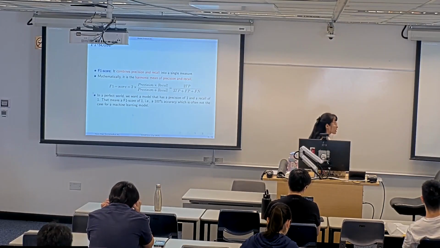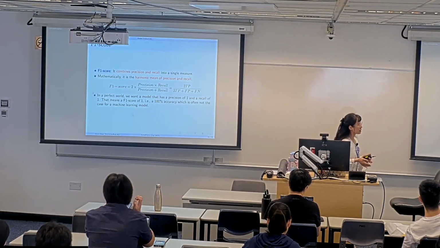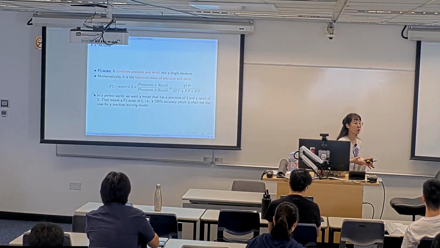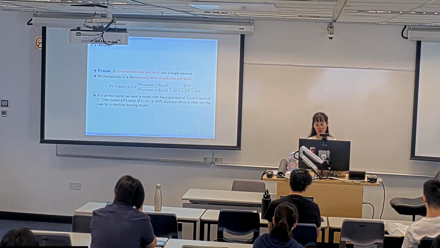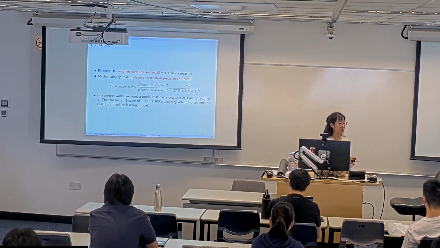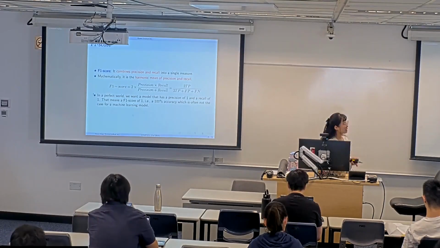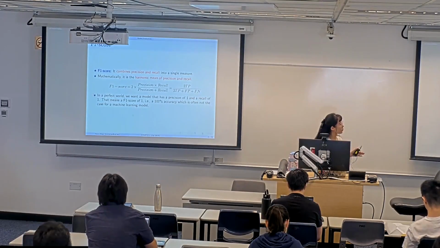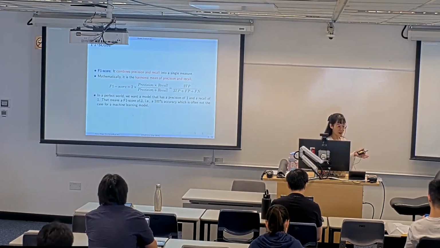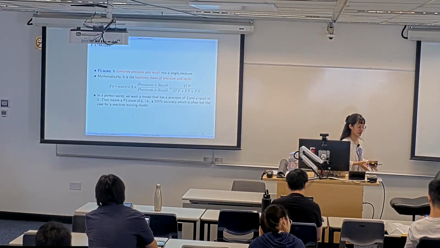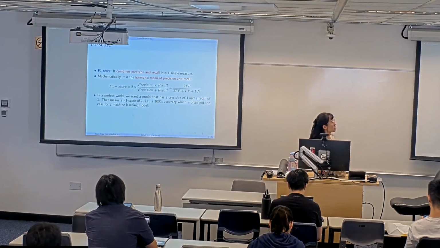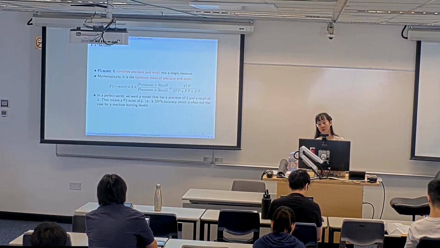In a perfect world, of course, we want a model that has a precision of 1 and a recall of 1, so we have 100% correct predictions. If precision and recall are 1, then the F1 score is also 1. That is 100% accuracy, but this is often not the case for a machine learning model.